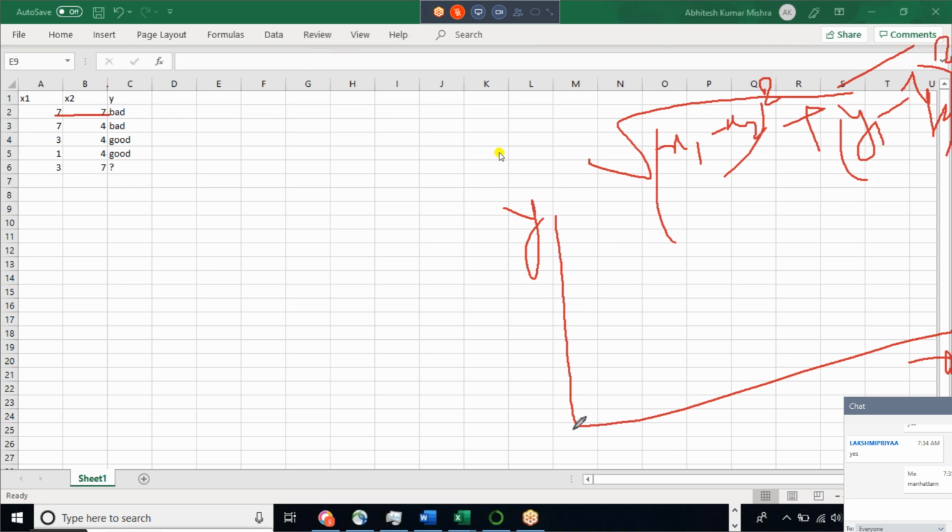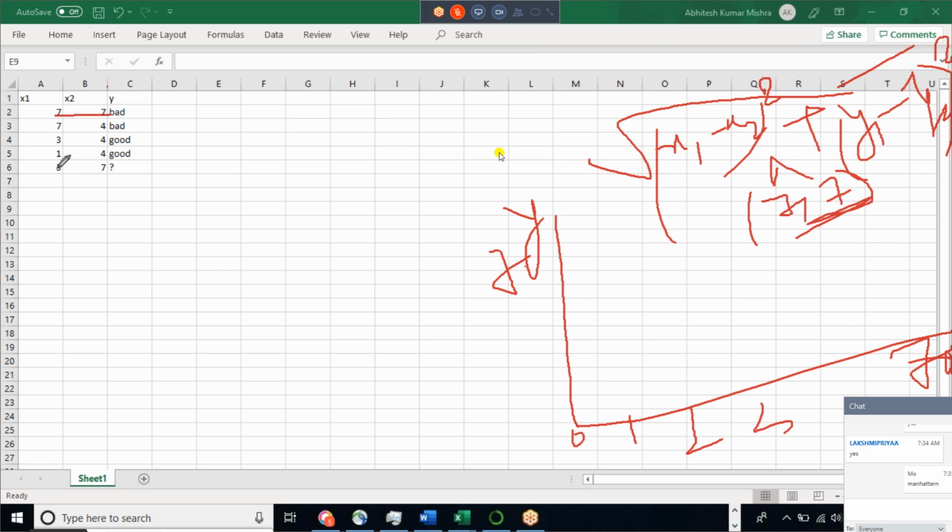Starting from 0, then 1, 2, 3, 4, up to 7 on both axes. So this is the point where 7 7 lies. This is our known point. I know 7 7 is there, so you can say this is bad data.